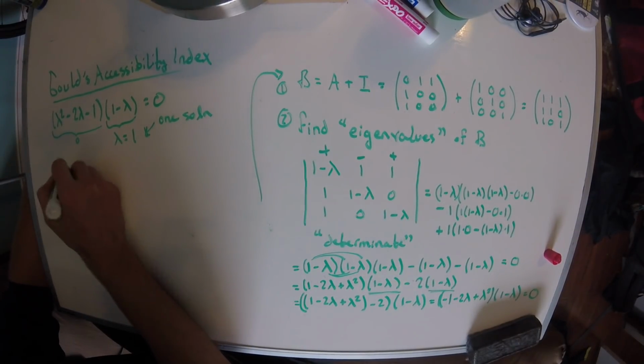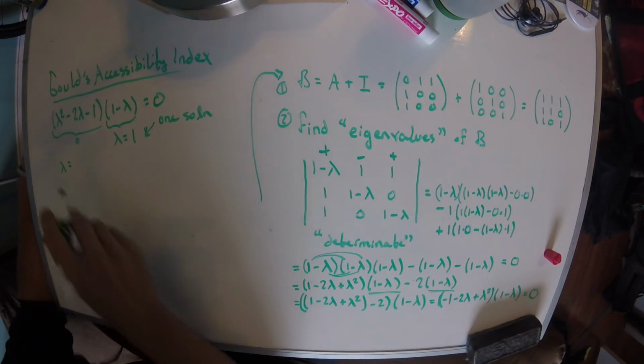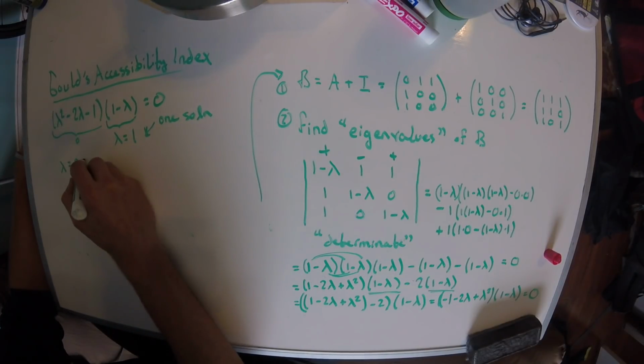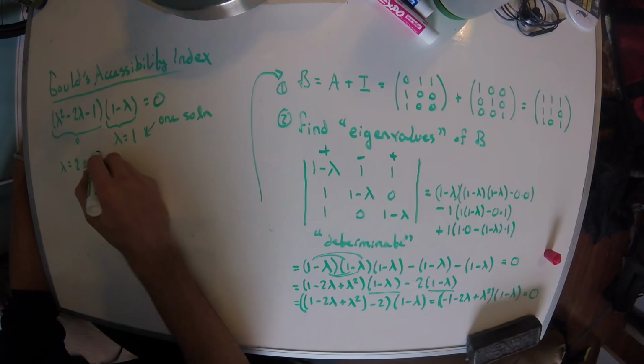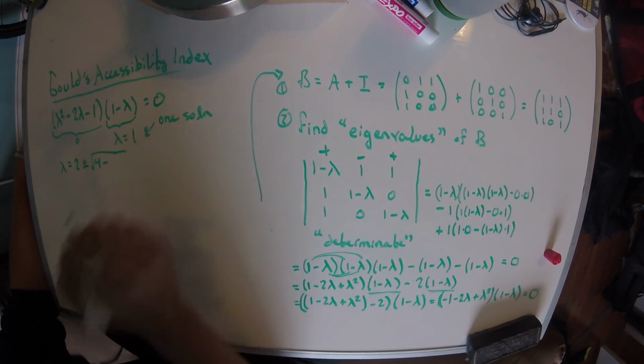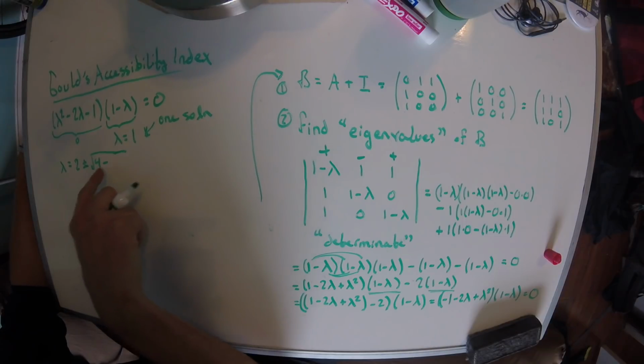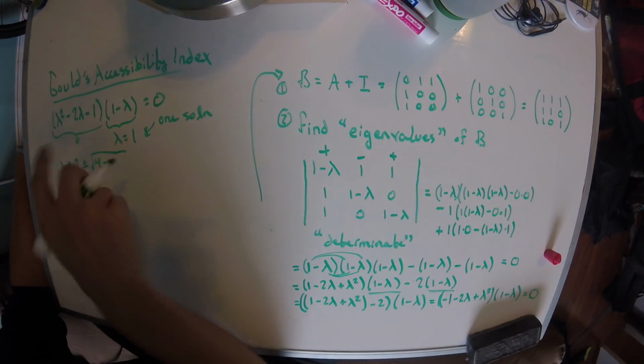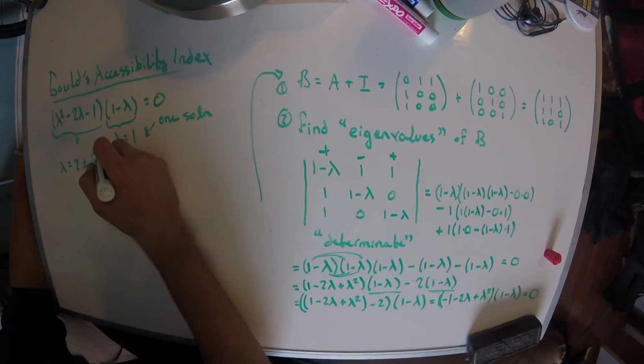So lambda equals, okay, negative b, so 2, plus or minus the square root of b squared, 4, minus 4ac, so that's 4 times 1 times negative 1, so that's plus 4.